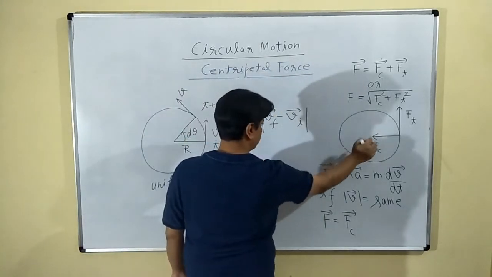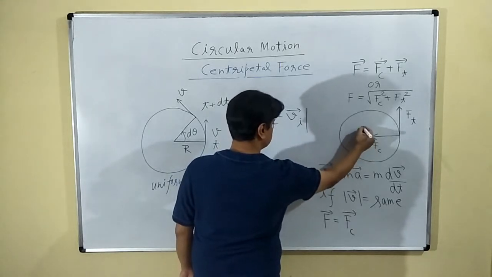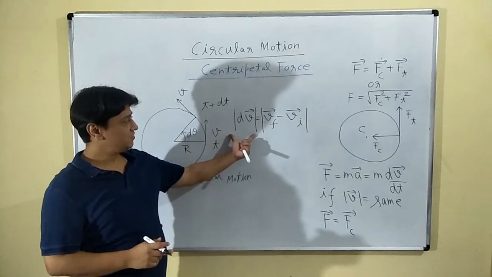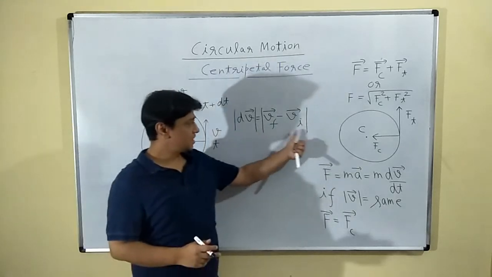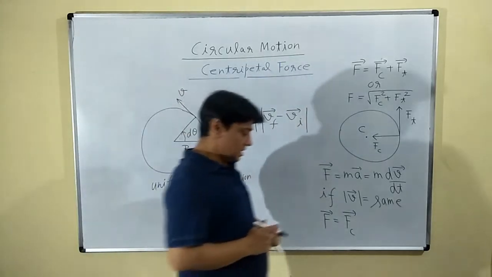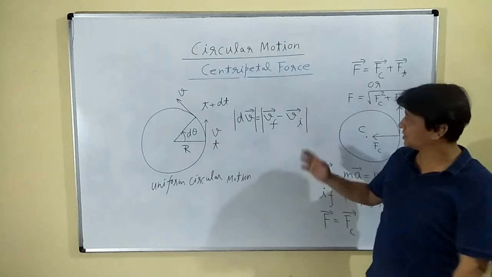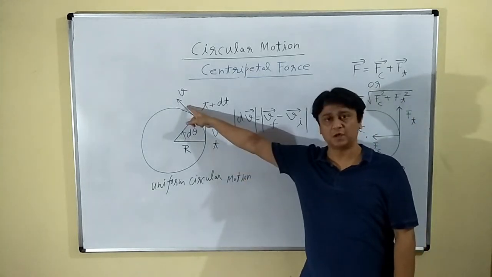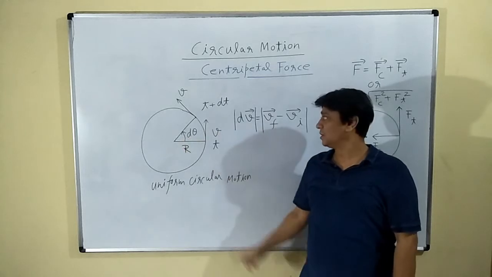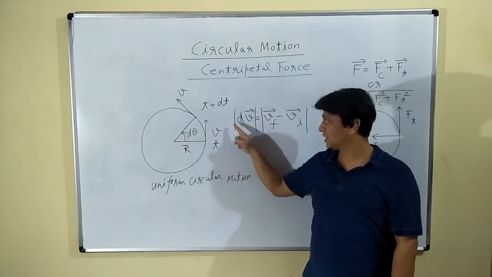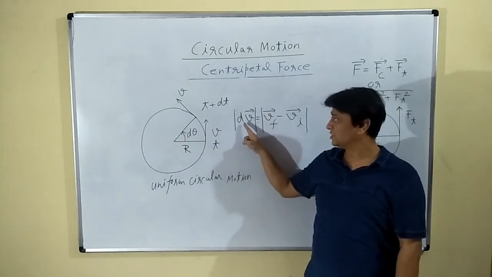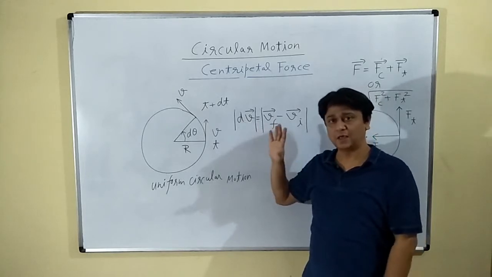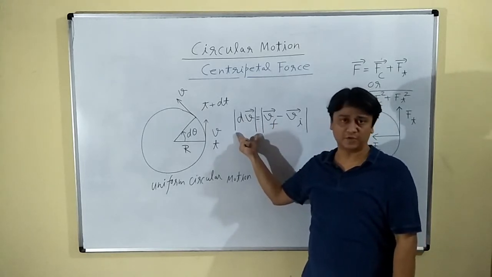Mod of dv is v final minus v initial. यहां पर ये मत सोचना कि mod of dv is zero. कुछ लोगों को लगता है ये भी v है और ये भी v है. There is no change. We are saying what this whole thing means. Change of velocity. Find that, and then find magnitude of that.